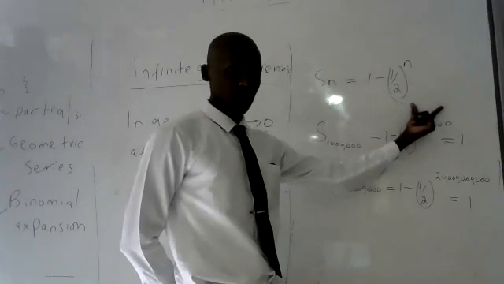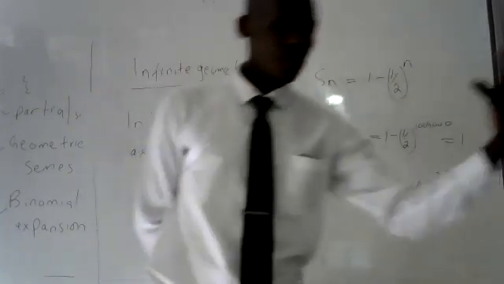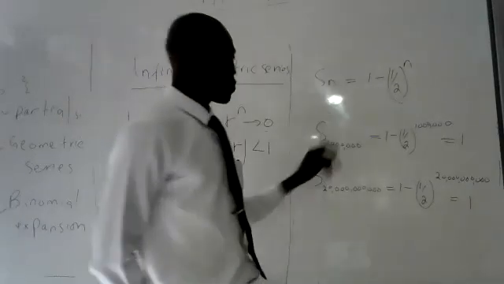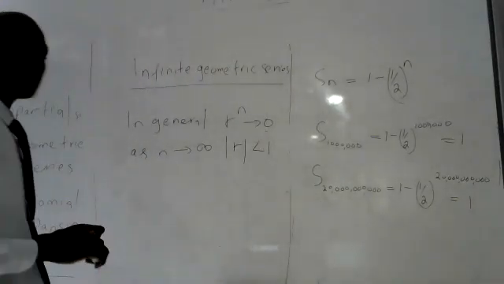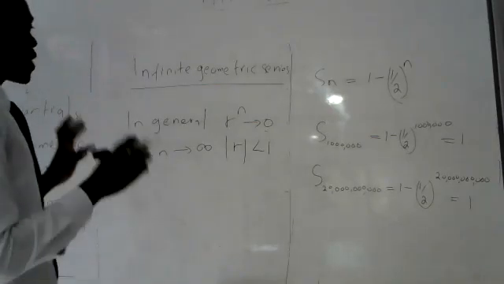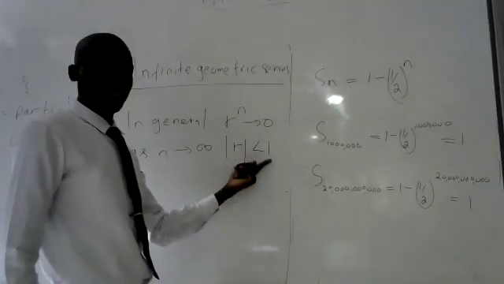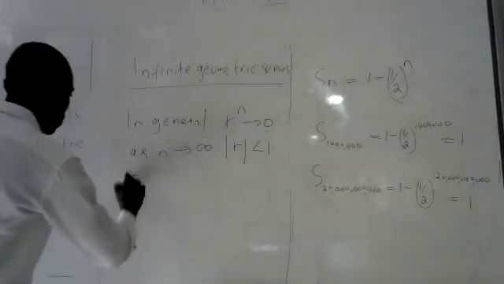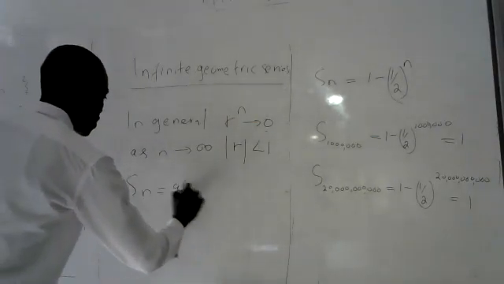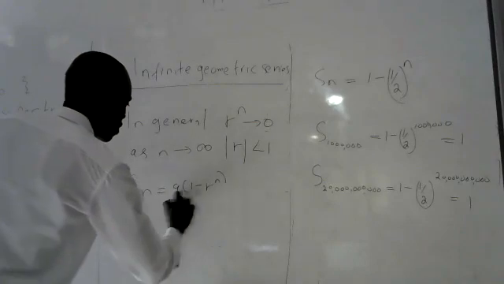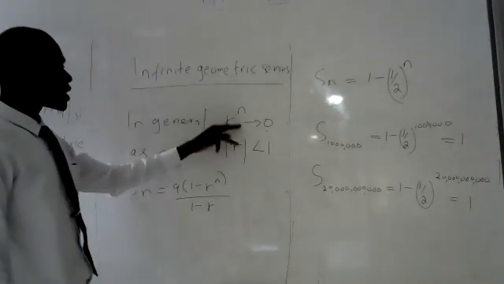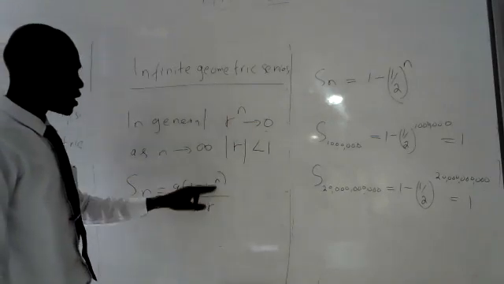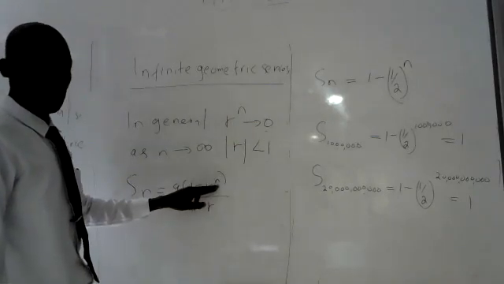Actually, any fraction, if you pick maybe a quarter raised to any big number, it will always get to 0. So what happens is this: if you have an infinite geometric sequence where the common ratio is strictly less than 1, we had Sn as A times (1 minus r^n), all divided by 1 minus r. But the observation is that as n goes bigger and bigger, this term r^n goes to 0.